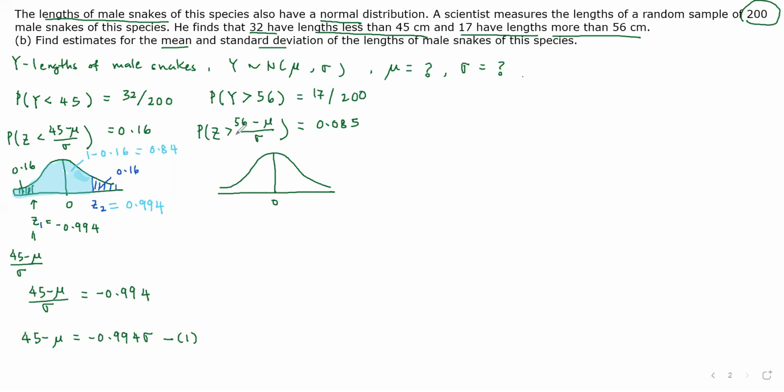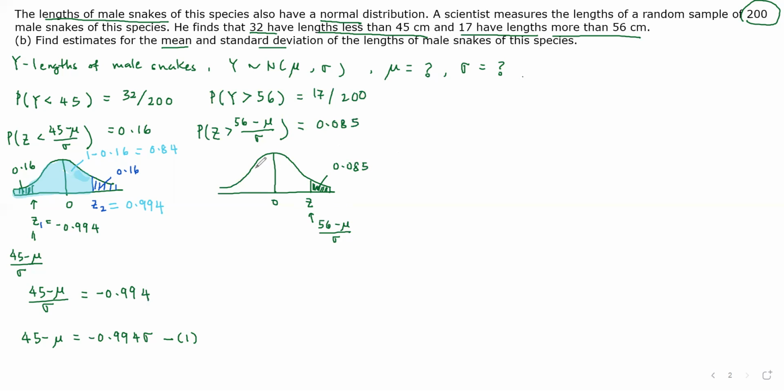Now let's look at the normal curve. Probability Z greater than a value. We start shading on the right until we have an area of 0.085. Then this Z value is 56 minus mean divided by the standard deviation. But we cannot use 0.085 because we have a left tail table.